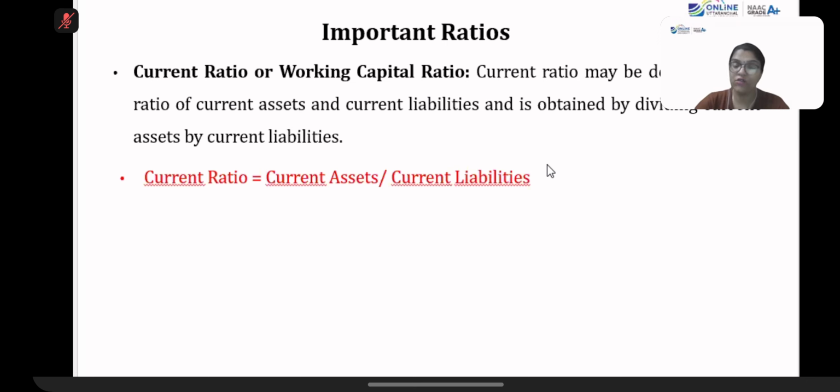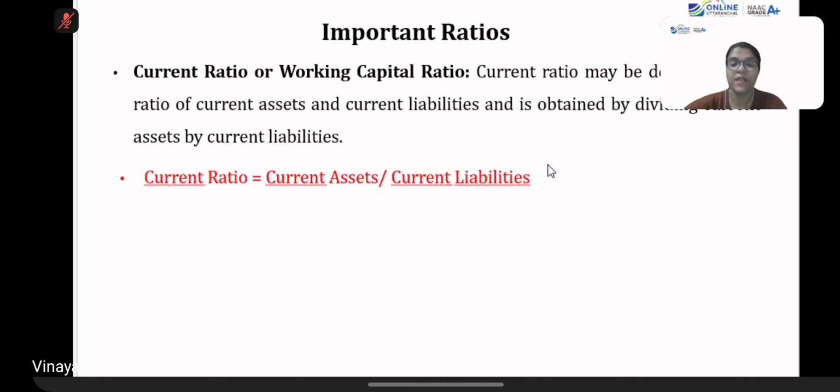How do you find out current ratio? When you divide current assets by current liability, you get current ratio. The current ratio indicates the liquidity of a company, its ability to meet the short-term obligation.